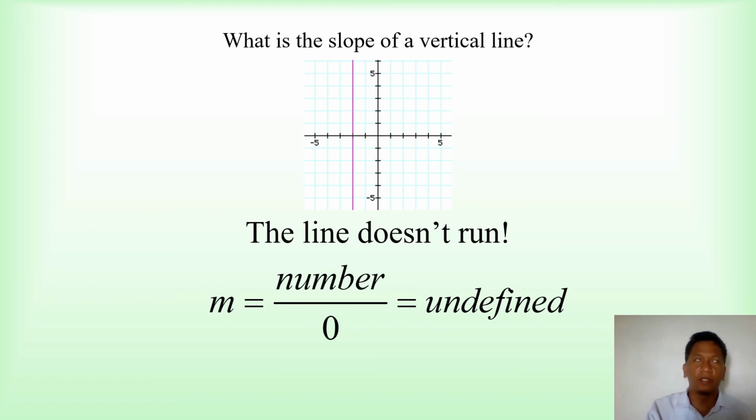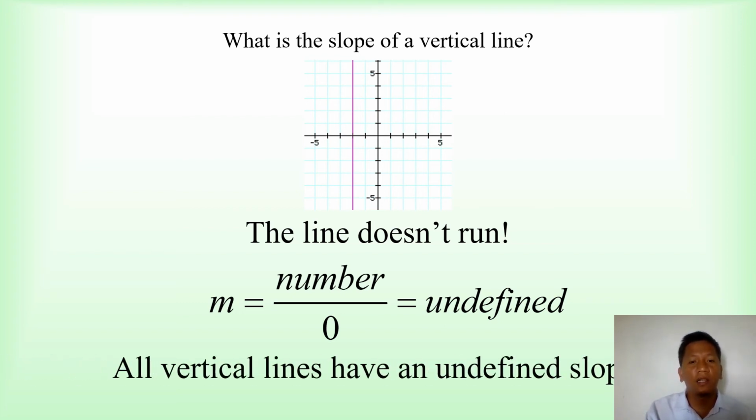So, given the formula, y sub 2 minus y sub 1 over x sub 2 minus x sub 1, m is equal to the number over 0. And as we all know, any number divided by 0 is undefined.